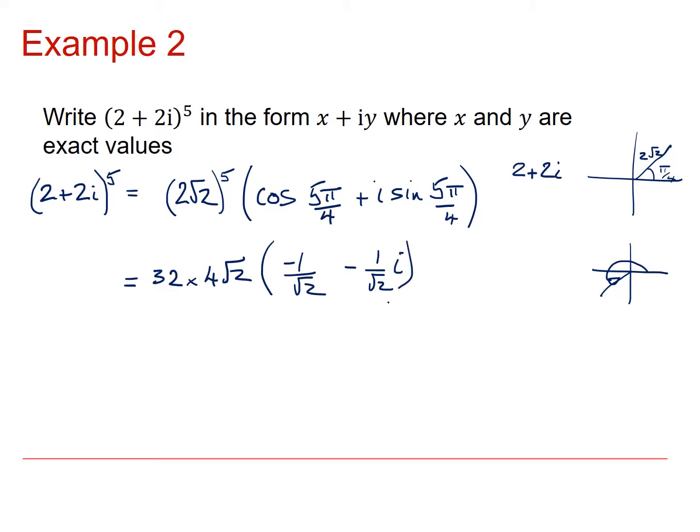Well, if we look at tidying up, I've got a common factor of root 2 on the bottom here, which is going to cancel with this root 2 outside here. So I get 128 outside, and I get minus 1 minus i on the inside of the bracket. So I'm going to get minus 128 minus 128i.